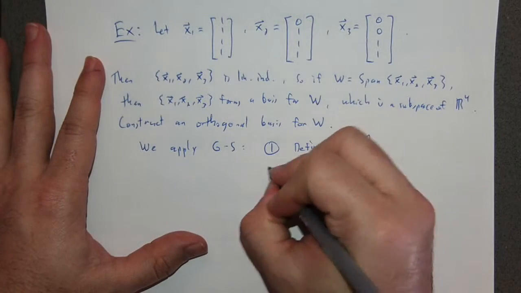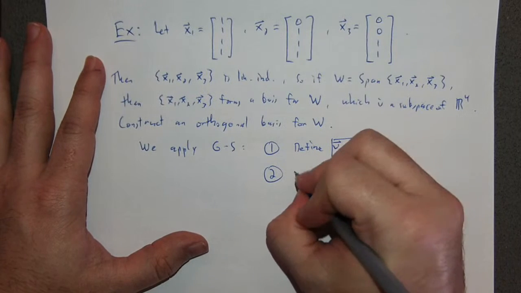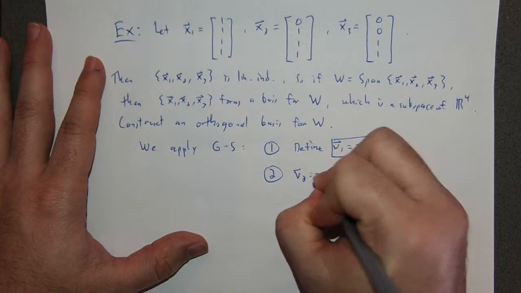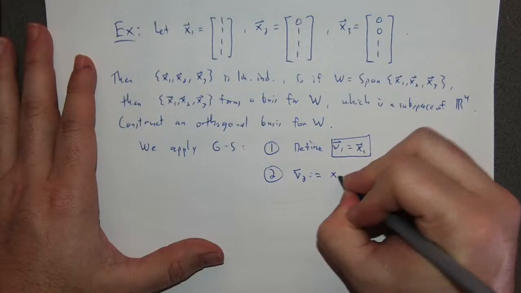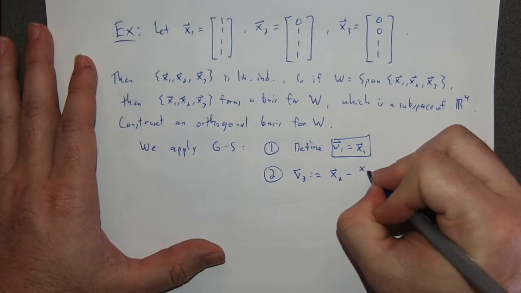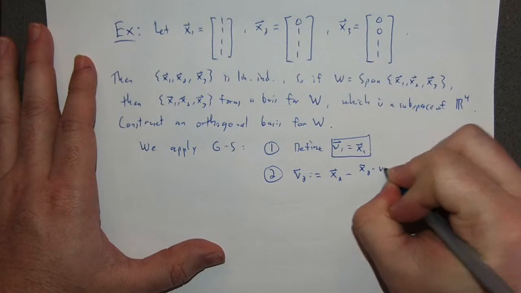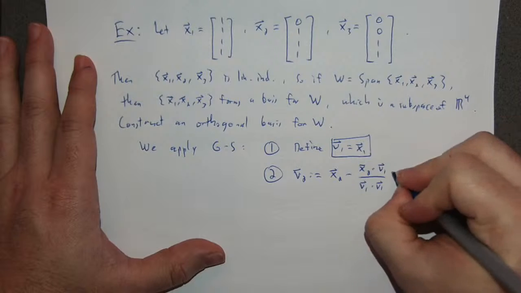Step 2, now I define v2 to be this. I'm going to write out the formula again. This is x sub 2 minus x sub 2 dotted with v1 over v1 dotted with itself, times v1.